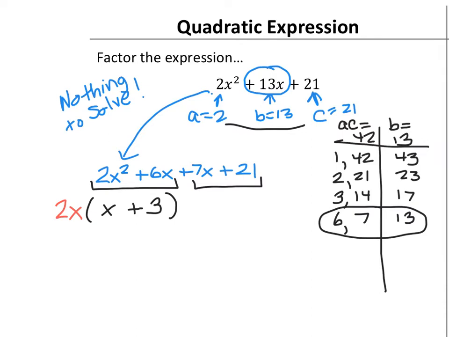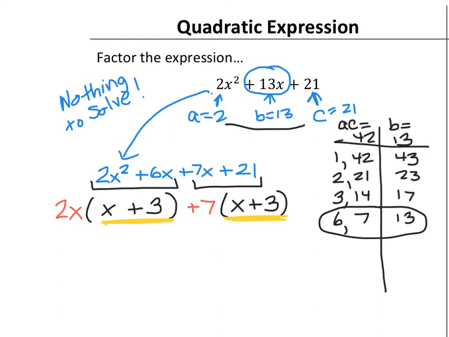Okay, now what can be taken out of the next two terms? Both the 7x and the 21 can be evenly divided by the number 7. And so I'm going to take that positive 7 out, and I will have an x left and a 3 left. And so if all went well with your factoring process, your hope is that you're going to end up with exactly the same factor inside those parentheses, x plus 3, x plus 3.